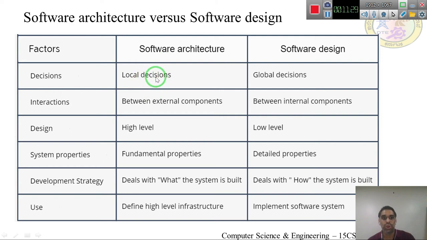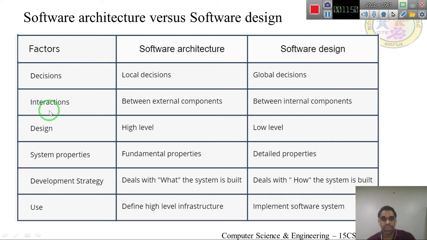Decisions would be global. Okay, whereas in software design we make local decisions. Fine, because software architecture deals with the high level detail of the system, whereas in software design we deal with the low level detail of the system.